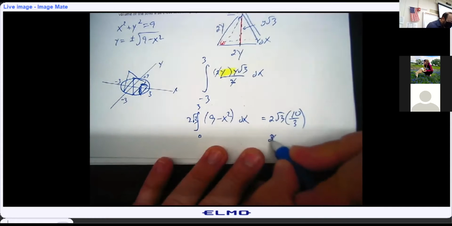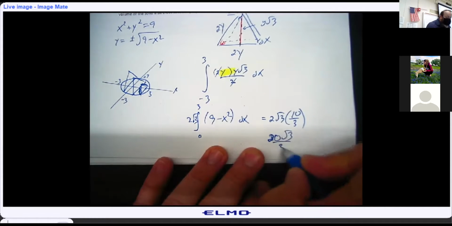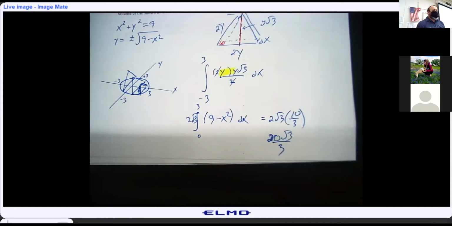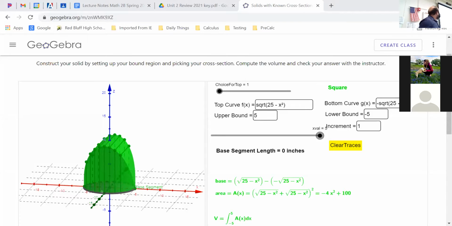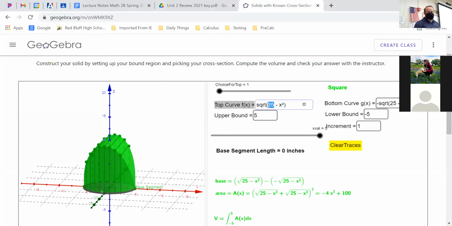Now, again, just to show that we can, let's go ahead and take a look at that computer program again. Let's see what happens if we pull up this computer program again, because I wanted you guys to see how to do that. So what was the bounds that we had? It's no longer 25 minus x squared. What is it? It's just 9.